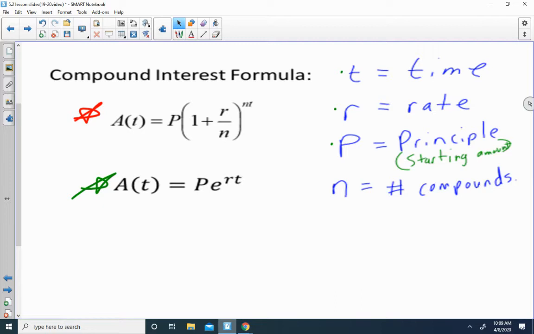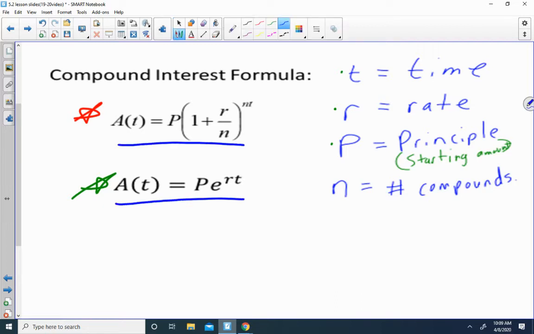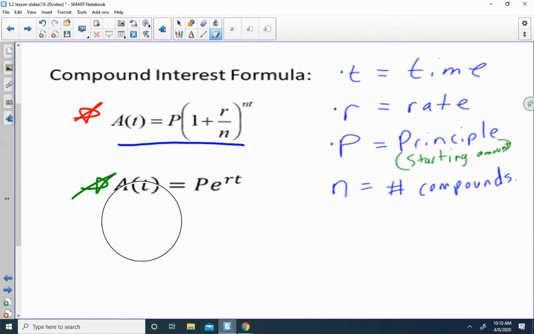Oh, and if you haven't done so already, please take a moment to write these formulas on a separate sheet of paper off to the side, just so you can easily glance at them whenever you need them. Go ahead, pause the video, write those formulas down now. Okay, you should have written these formulas on a separate sheet of paper, so now you can easily look at them.